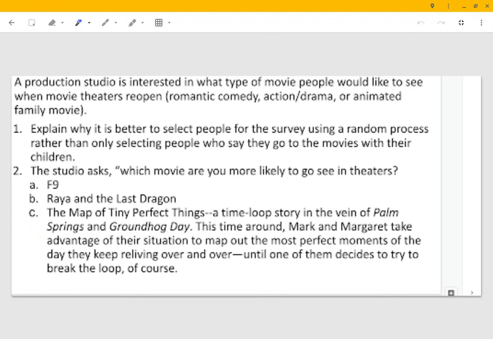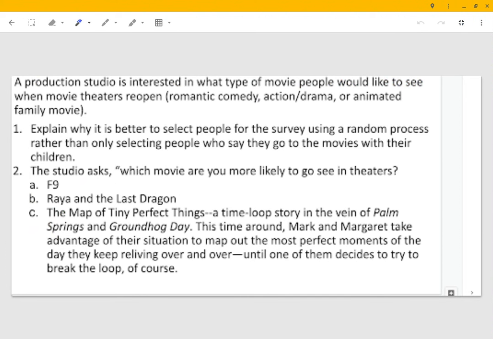Explain why it is better to select people for the survey using a random process rather than only selecting people who say they go to the movies with their children.